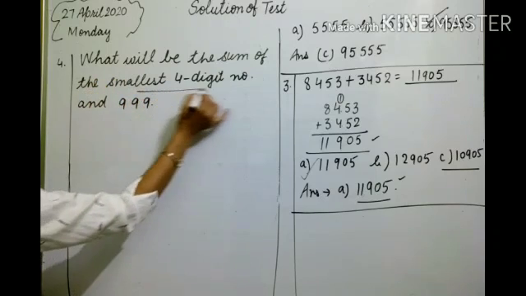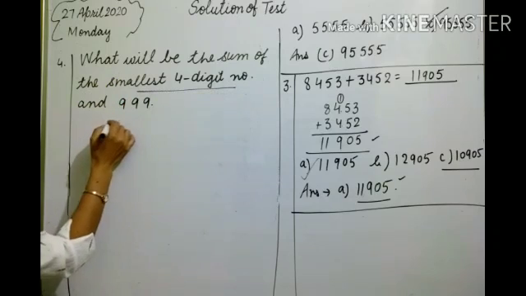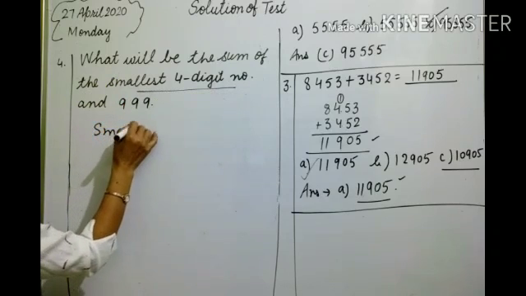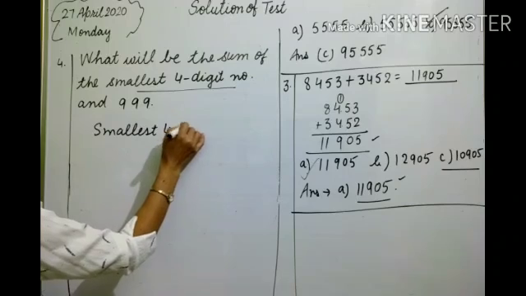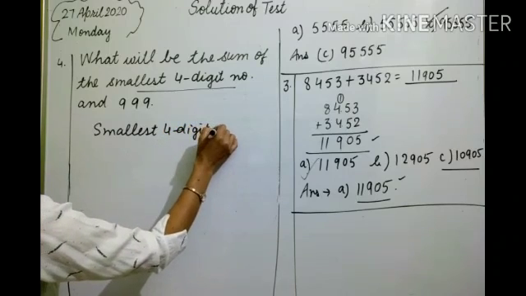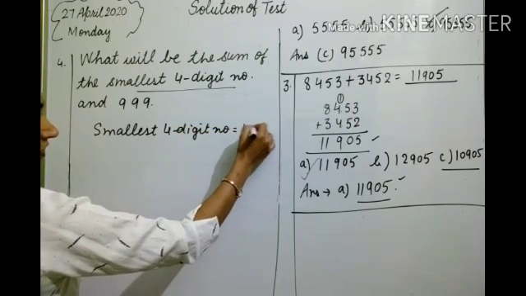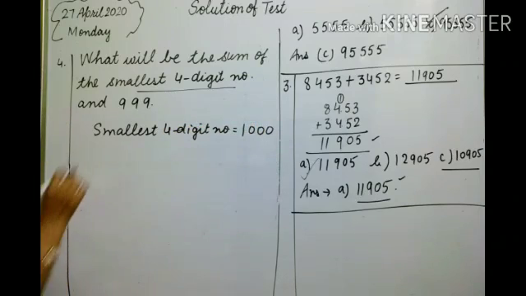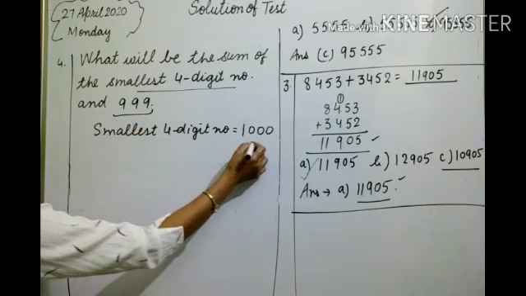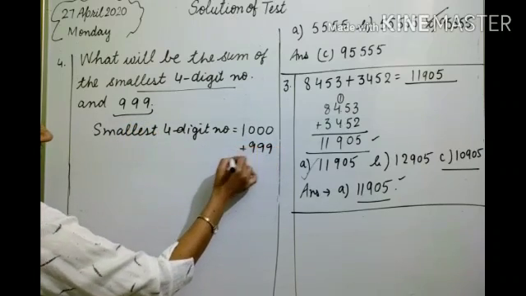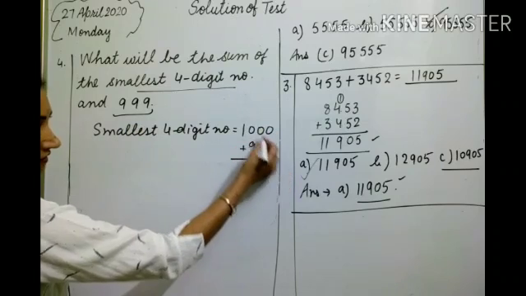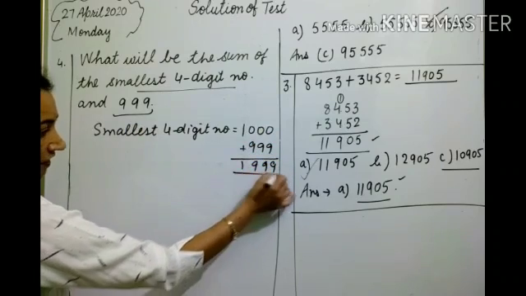First, we will write the smallest four-digit number, which is 1000, and we have to add 999 to it. Now we will find the answer by adding.